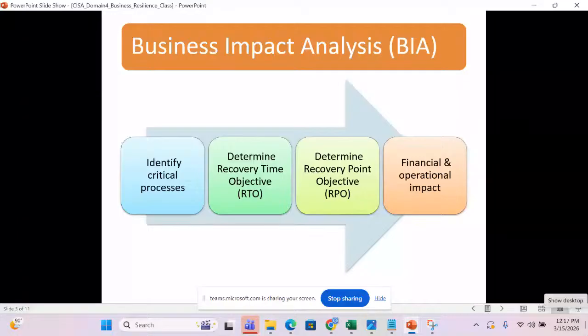You cannot compare an application that runs foreign exchange services to a core banking application. So when we say critical, we are talking of those critical applications that support the business.